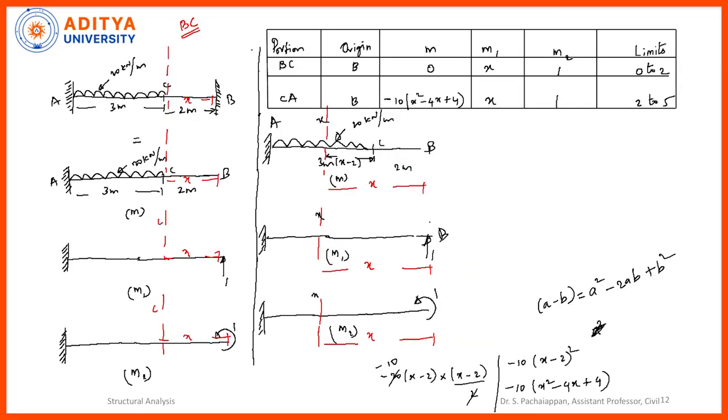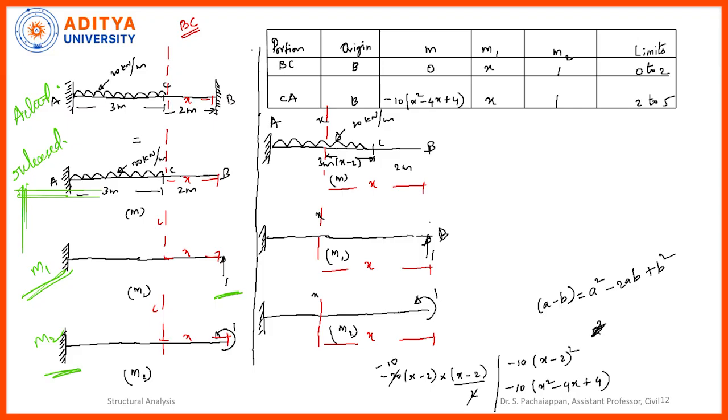So from this, what we are doing: this is the actual beam and this is the released beam, and this is the M1 diagram and this is the M2 diagram. What is the M1 diagram? Where we released the first redundant force, there we are applying the 1 unit force. What is the M2 diagram?